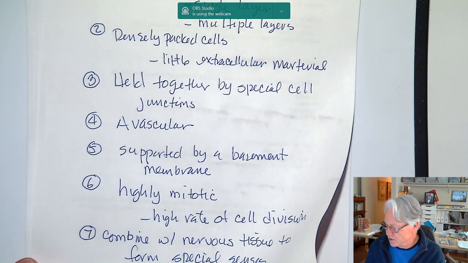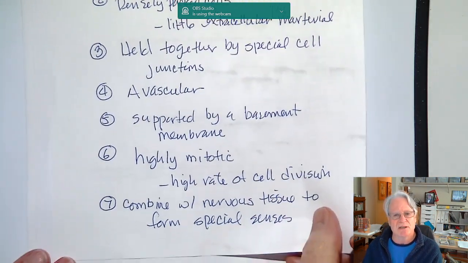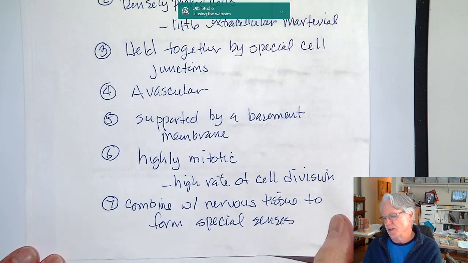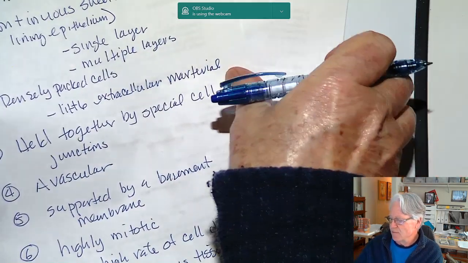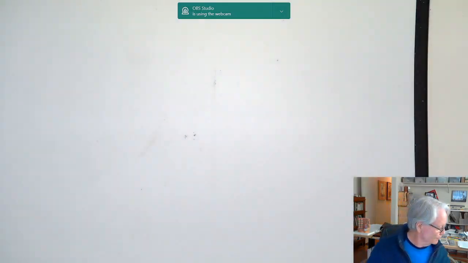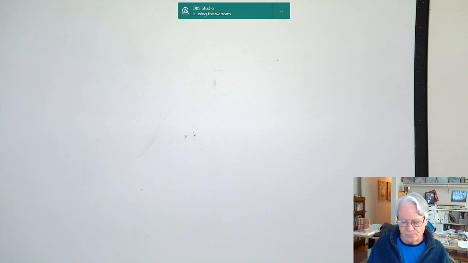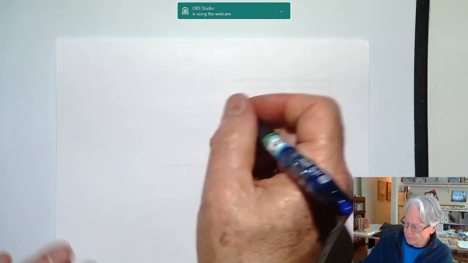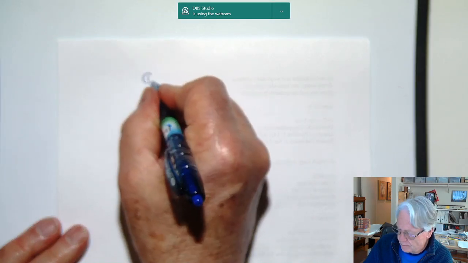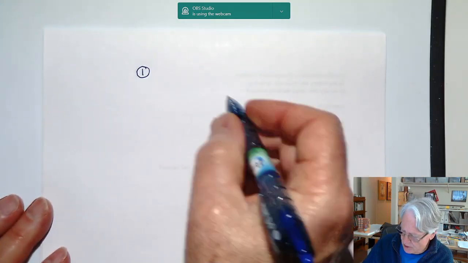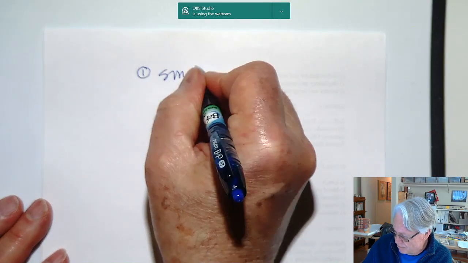And to give you a sense of what we mean when we say combine with nervous tissue to form special senses, let me just give you a list of things that fit that description. So, for example, we have the sense of smell.